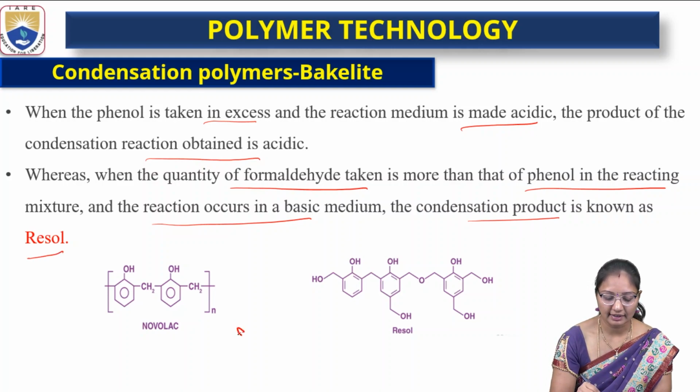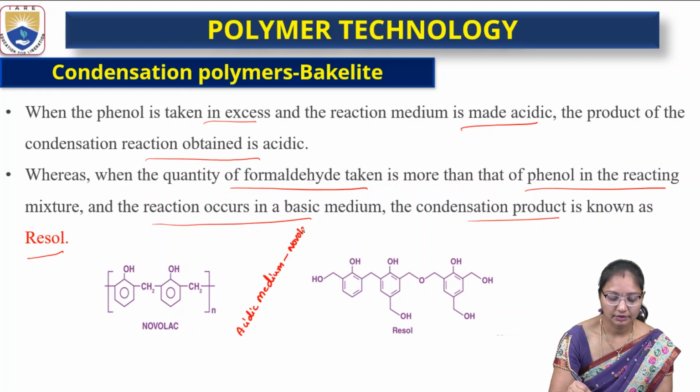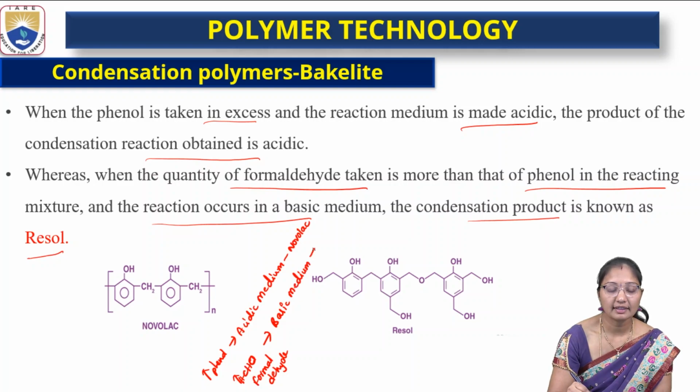So in acidic medium, Novolac forms with an increase in phenol. With an increase in HCHO, that is formaldehyde, the whole reaction takes place in the basic medium and the resultant compound is resol.